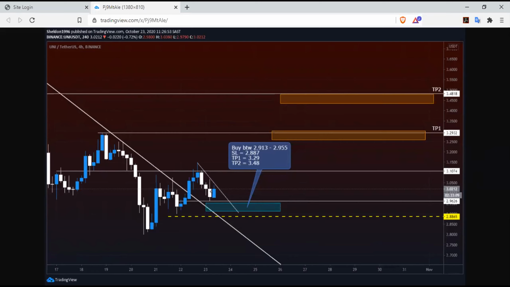Now, if the price has dropped below, and your entry is above the market price, you are advised to use stop loss. Why do you want to use stop loss? Trades are like an auction. People are dropping prices. Let's assume the market price is 2.89 and you want to buy at 2.91.